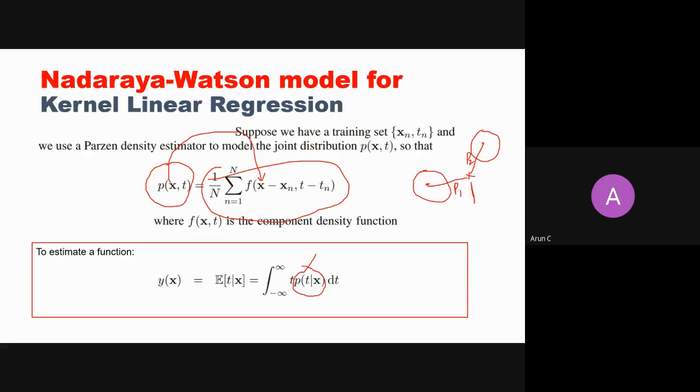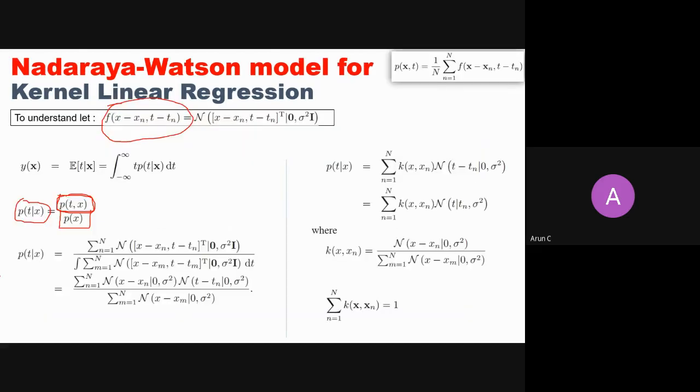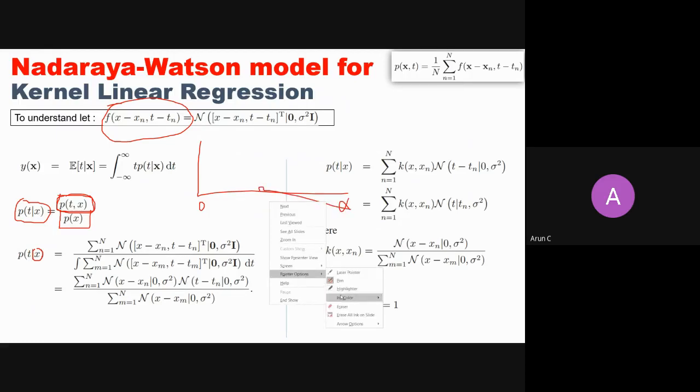So this is the density for this x. Similarly, you are doing a conditional distribution for this x. In general, for linear regression, there are so many x, from 0 to infinity. You take any x.